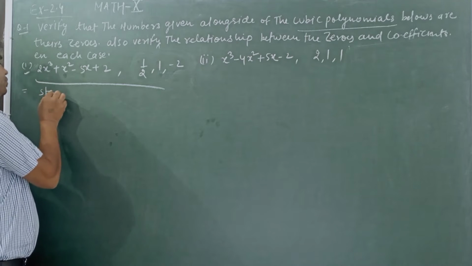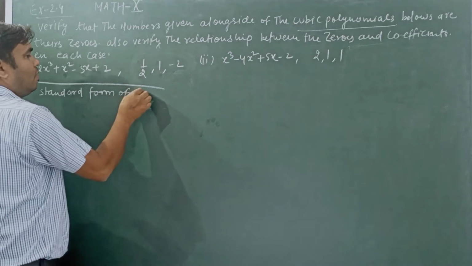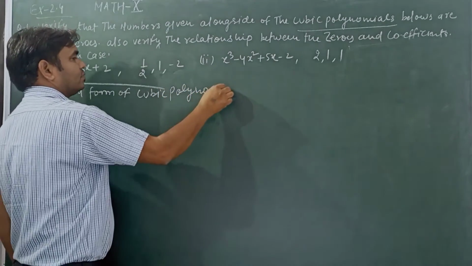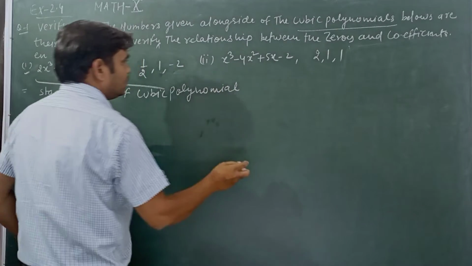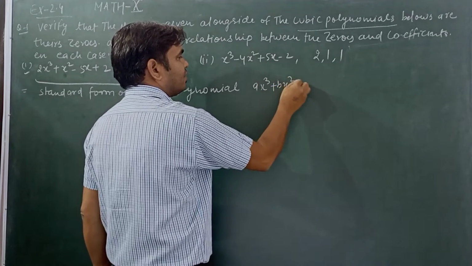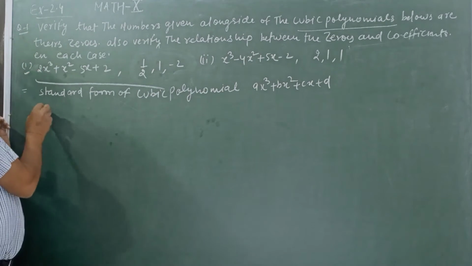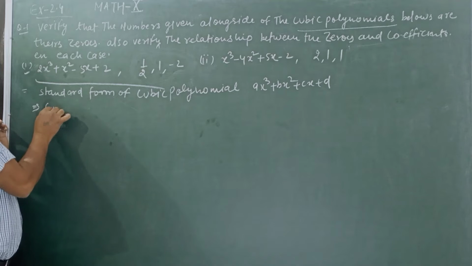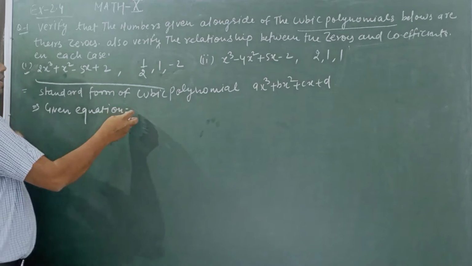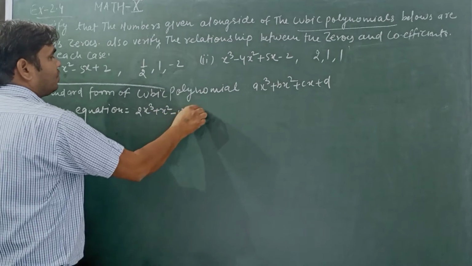So, the standard form of cubic polynomials is ax cube plus bx square plus cx plus d, and here you see the given equation: 2x cube plus x square minus 5x plus 2.